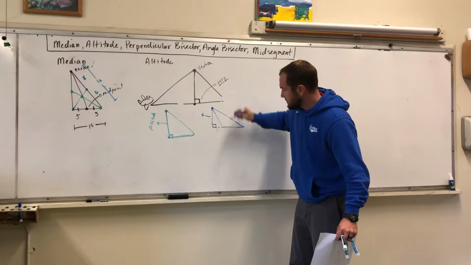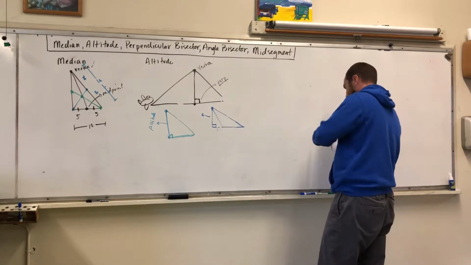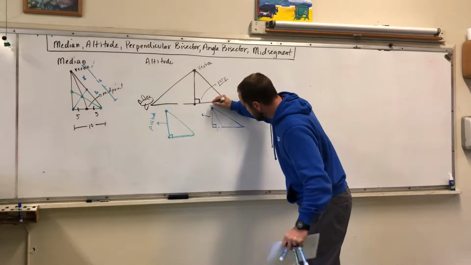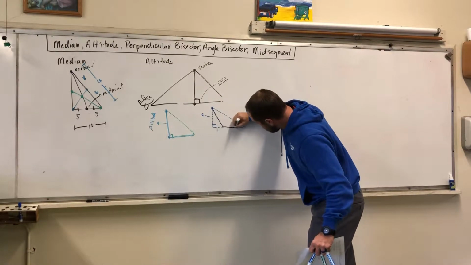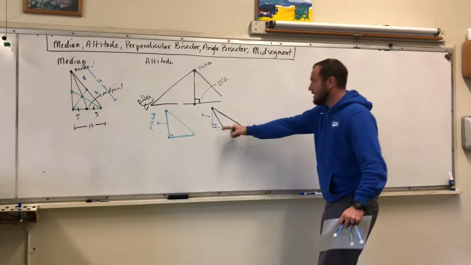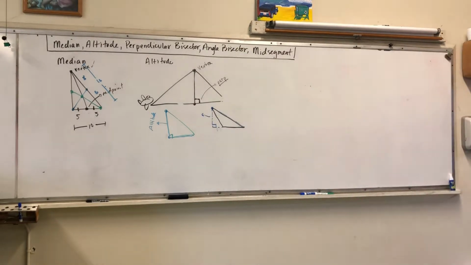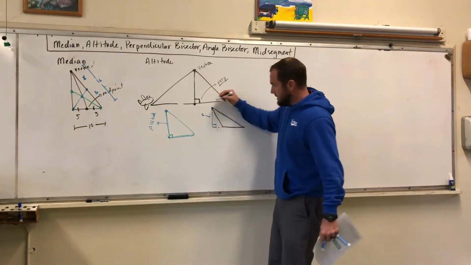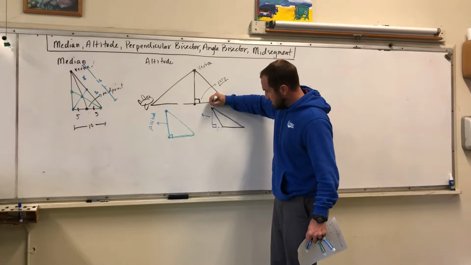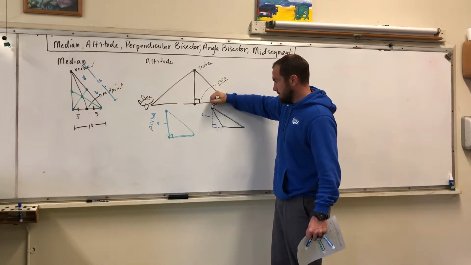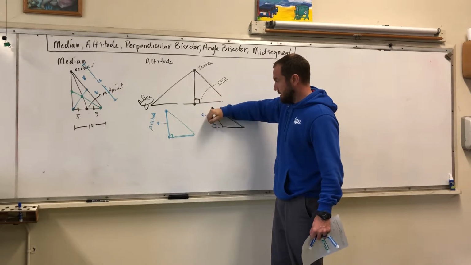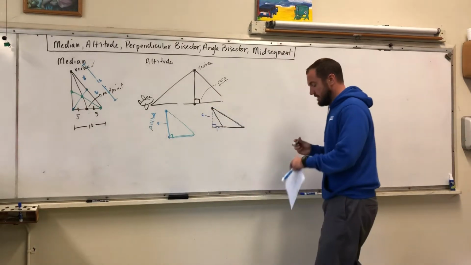Let's make some slashes to show that it's not part of the triangle. I'll change the color so we see it differently. Here I've drawn an altitude outside the triangle, and this is the best way to measure a perfect height, the distance from this point to a base, and that's your altitude.